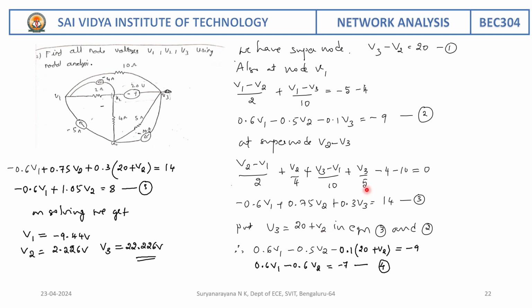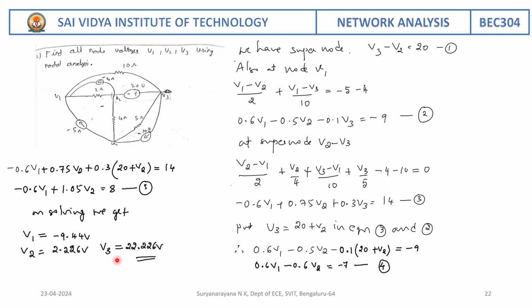Since the equation we have here is 2, substitute V3 is equal to 20 plus V2 in both equation 2 and 3 and get the equations, so that we are going to get V1 and V2 as unknowns. Use the scientific calculator in equation mode, and enter A1, B1, C1, A2, B2 and C2 to get X and Y in terms of V1 and V2 like this.